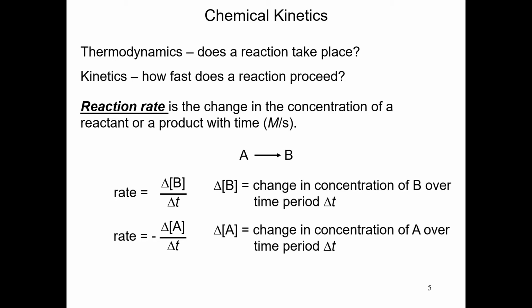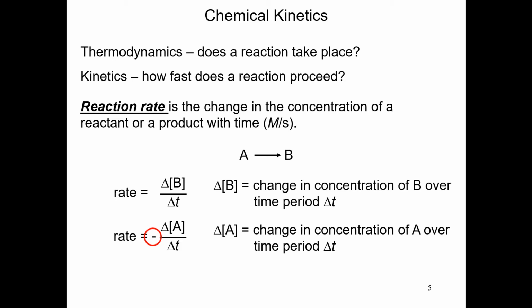Now, notice something interesting in this expression, that negative sign. The idea here is that if we're going to have a unified expression of the rate, regardless of whether we are measuring the appearance of a product or the disappearance of a reactant, they should both give us a positive value for the rate.